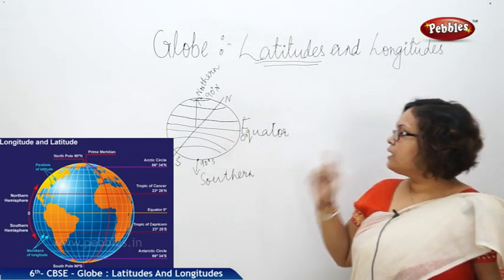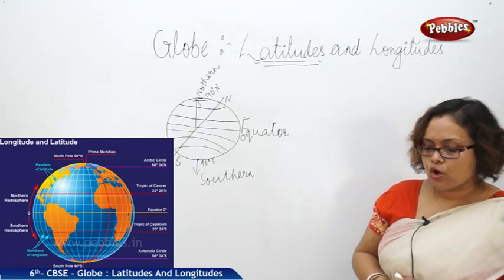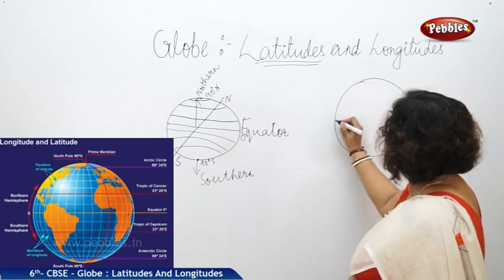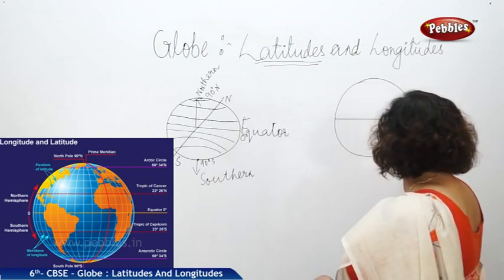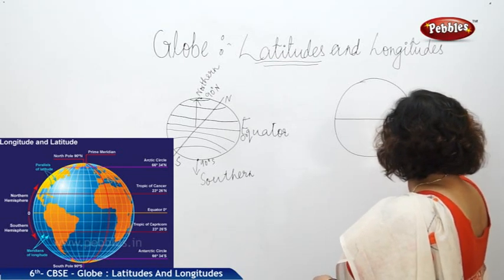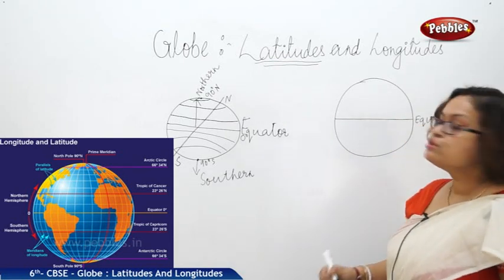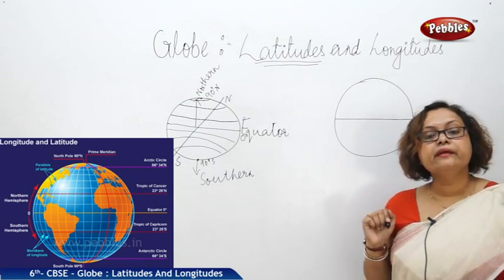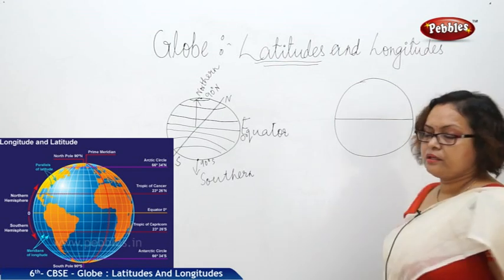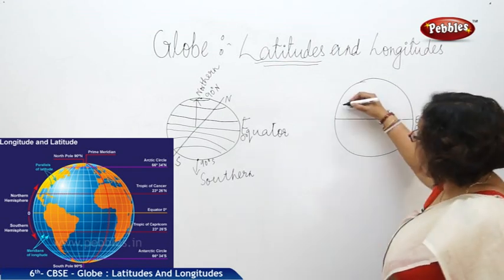What are the important parallels of latitudes? One I hope you can name easily, that is definitely the equator. All these latitudes are measured in degrees, so the equator is 0 degree. What is the next one we can see?